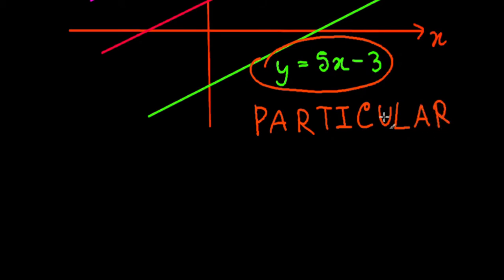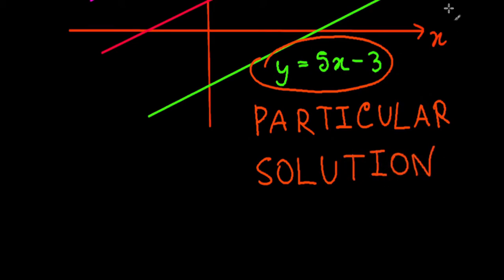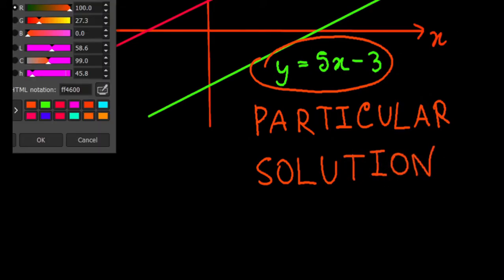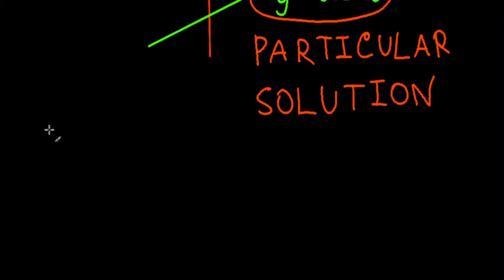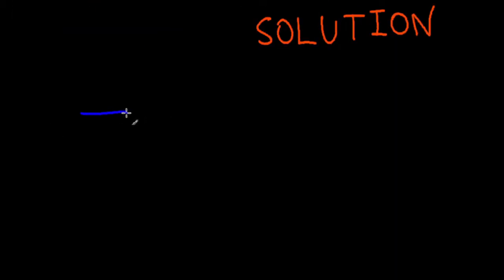All right. If that's the case, you might ask, okay, so then I had my differential equation before. Let me rewrite that. So I had this equation before, dy by dx equals 5. What I got from here is this general solution, y equals 5x plus c.